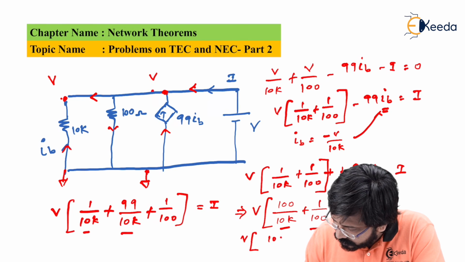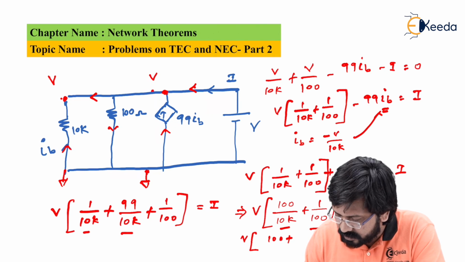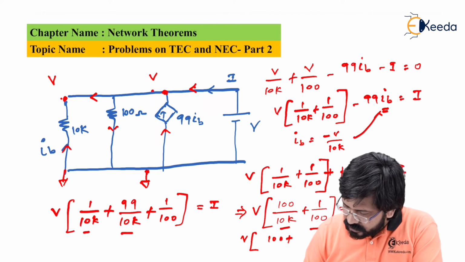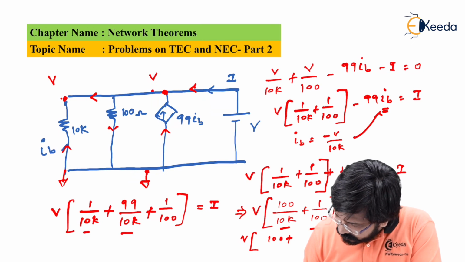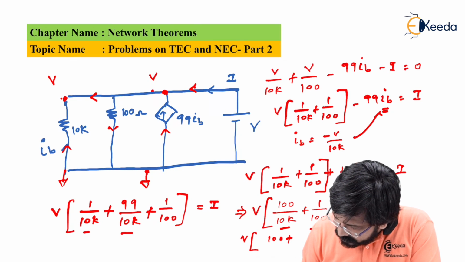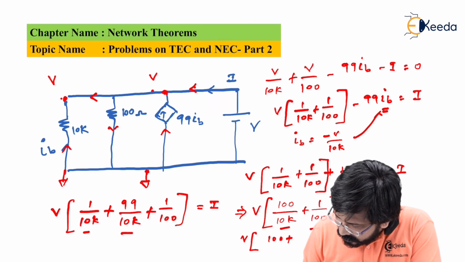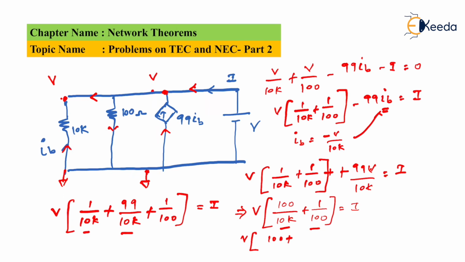To make the denominator the same, I need to multiply the second term by 100. So it is 100 plus 100 upon 10k equal to I.